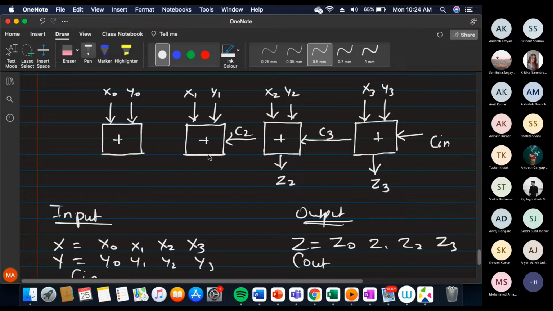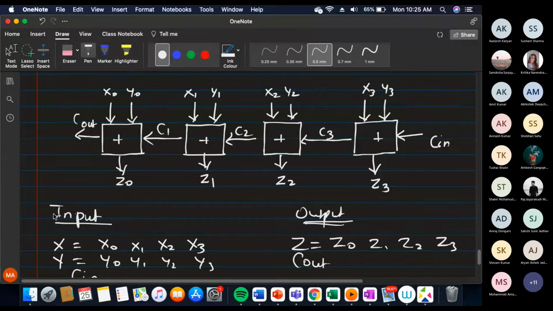C2 plus x1 plus y1 will generate a result Z1 along with a carry called C1. C1 plus x0 and y0 will generate a result Z0, and an output which you can call C0 or C out. Clear so far?